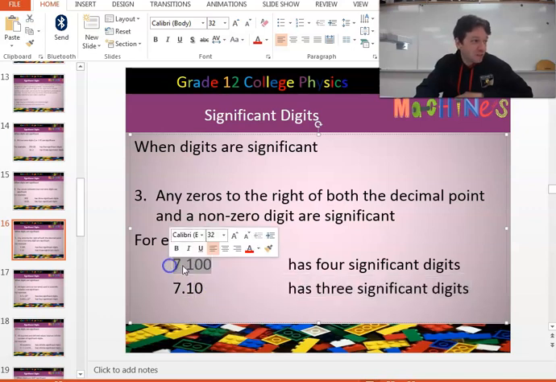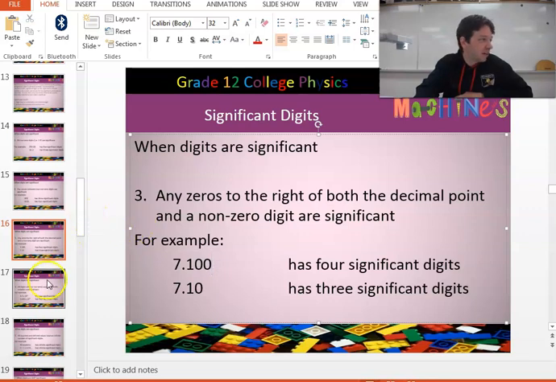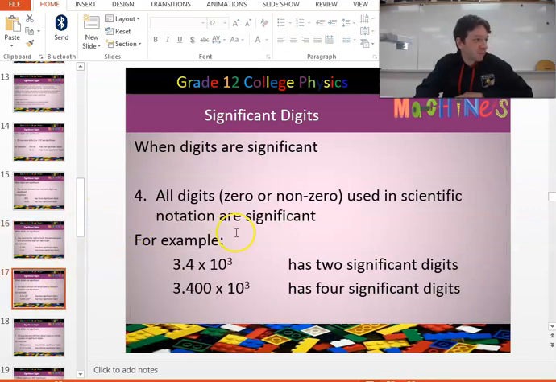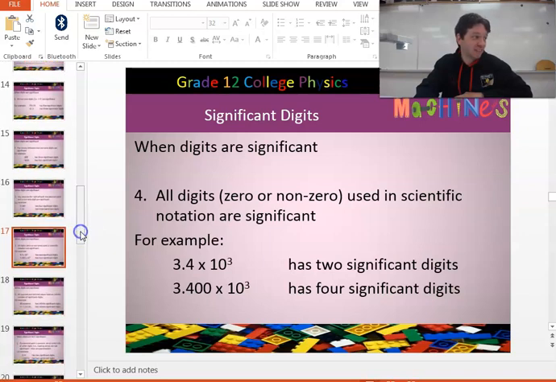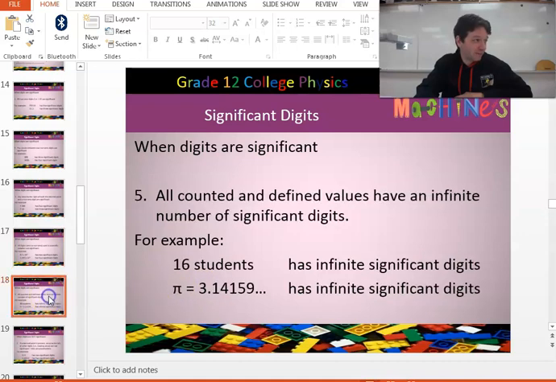So our first person here has a more accurate or precise measurement. Scientific notation is great to use because every digit in scientific notation is significant. Again, these are the exact same numbers, but the second one is a lot more accurate.